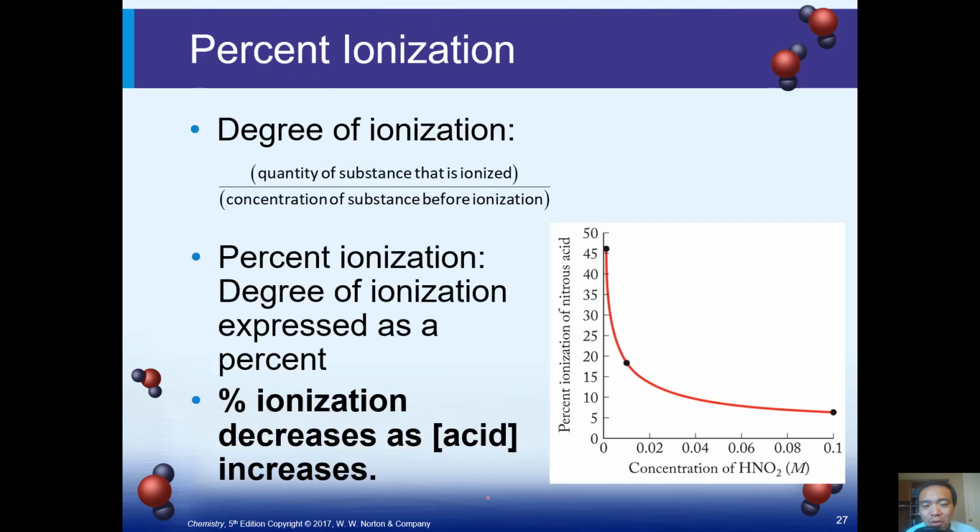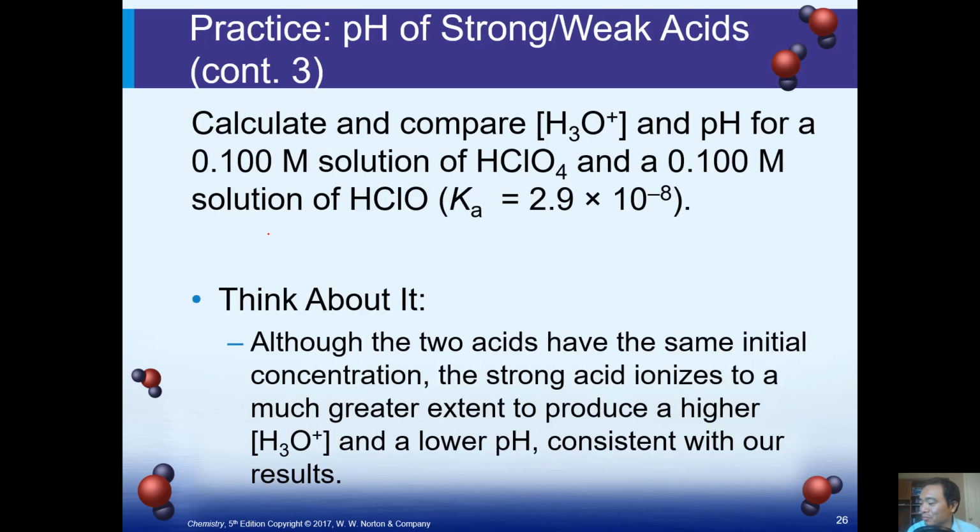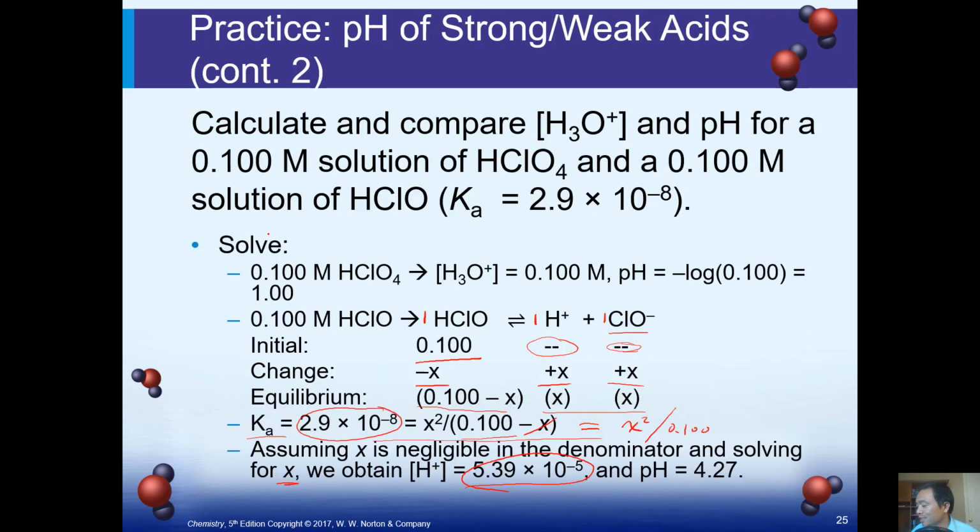Now, let me introduce another concept, which is called percent ionization. So what is percent ionization? It is the quantity of the substance that is already ionized divided by the initial concentration, which means the concentration before ionization. Looking back at the previous example, the portion that is ionized is x.